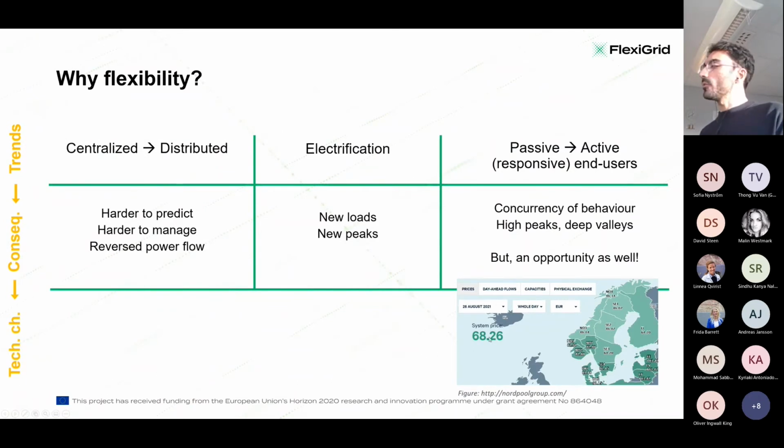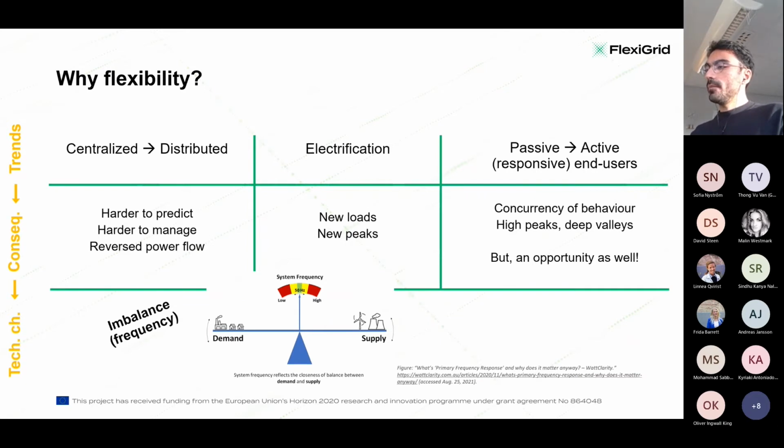What that can do is that we might see some concurrency of behavior if everyone responds to the same price at the same time, which can cause high peaks and deep valleys. It can be a challenge, but it is an opportunity as well, because the end users are responsive. So if we give the right signal, we might be able to use this opportunity.